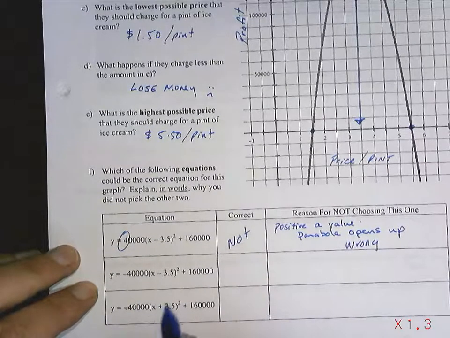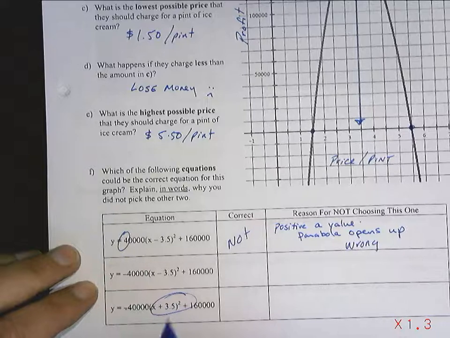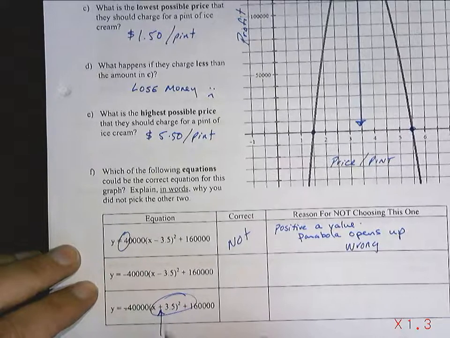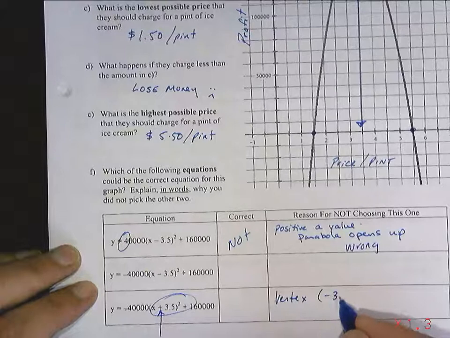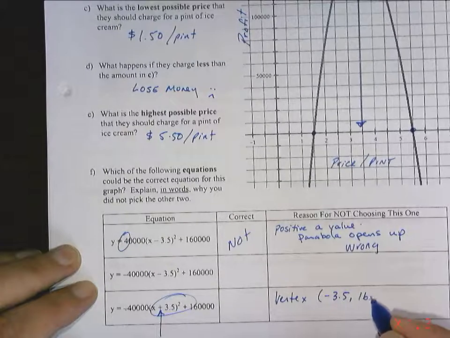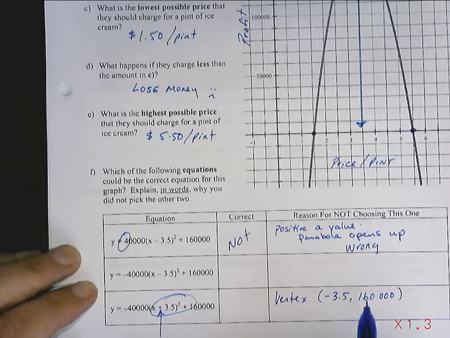Okay, cool. Ooh, look. It has a positive here. That means it's going to have a vertex of negative 3.5, 16,000. That means to make maximum profit, they should give everyone $3.50 for taking a pint of ice cream? That's silly.